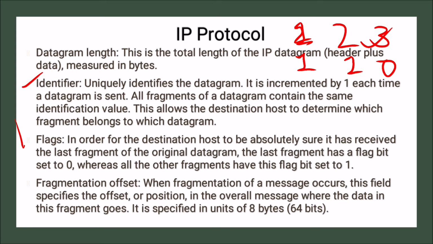The next field is fragmentation offset. When fragmentation of a message occurs, this field specifies the offset or position. Offset means the position in the overall message where the data in this fragment goes. It is specified in units of 8 bytes.